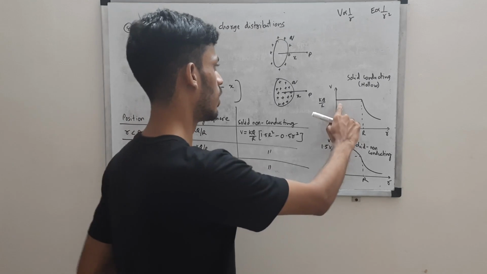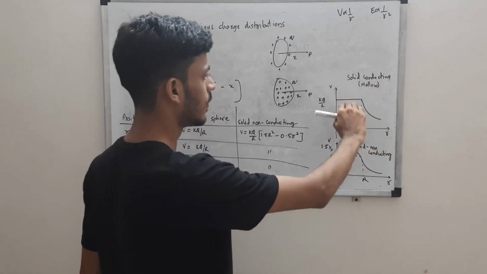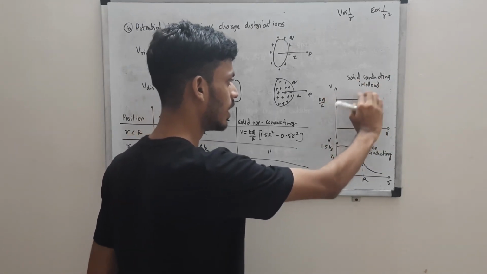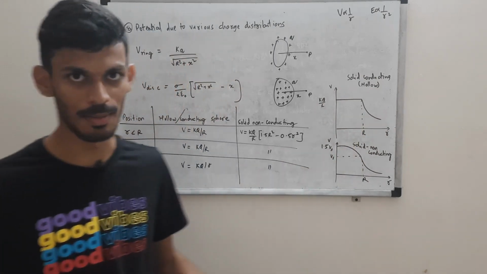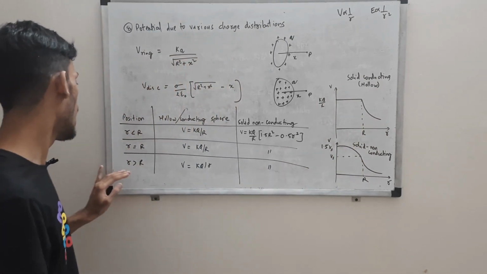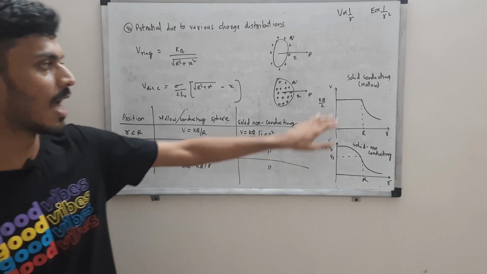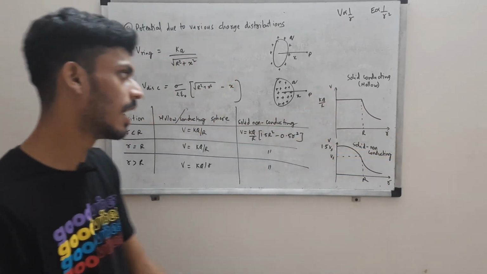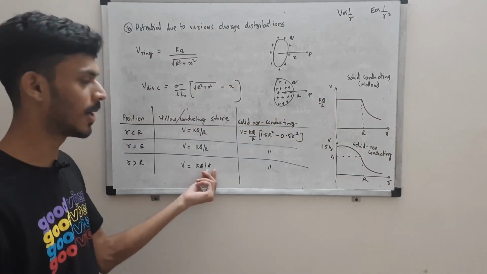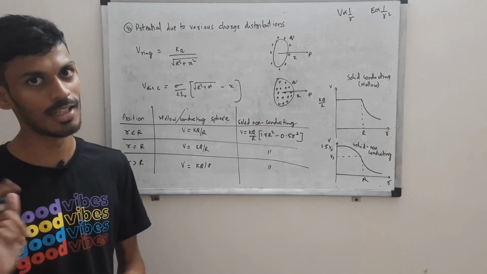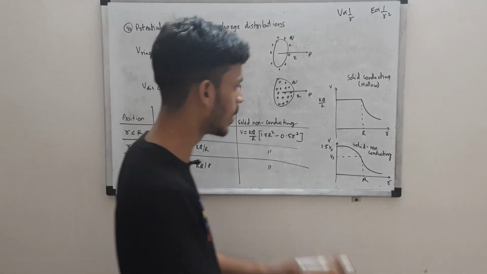So for a solid conducting or a hollow sphere, the inside potential and the potential at the surface are the same, which is kq by R. Outside the surface the potential varies as 1 by r, inversely proportional to r, where small r is the distance and capital R is the radius.